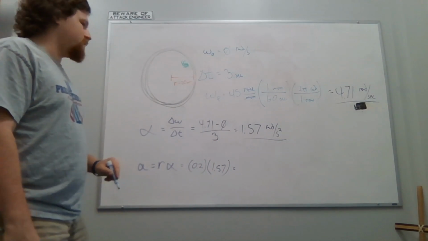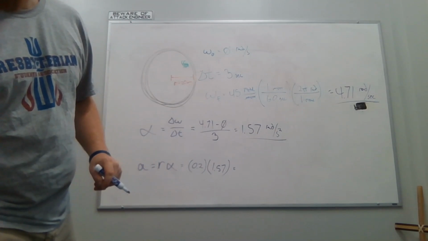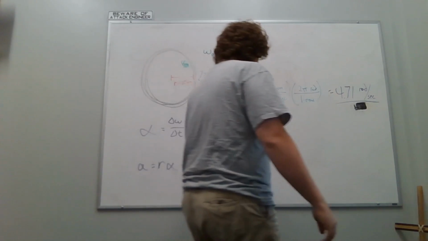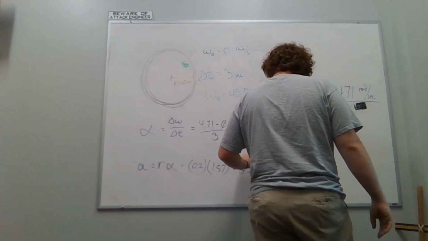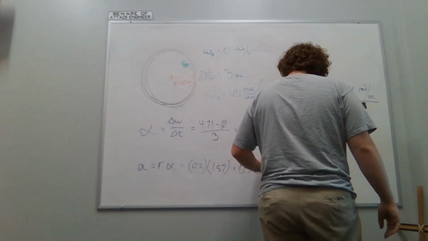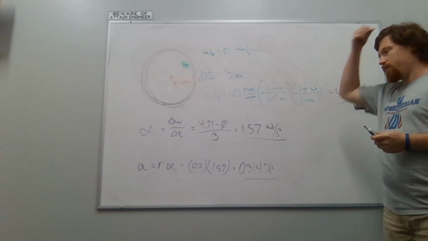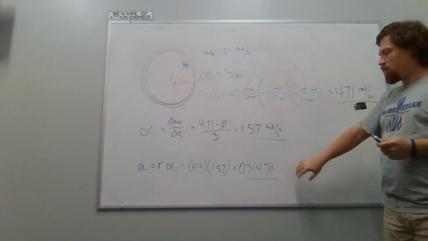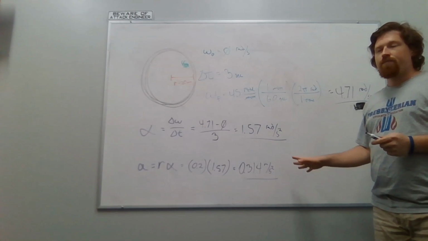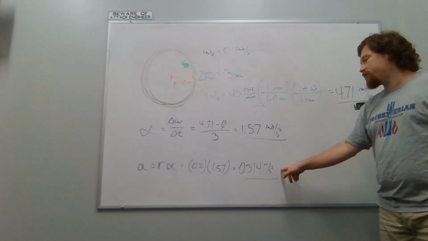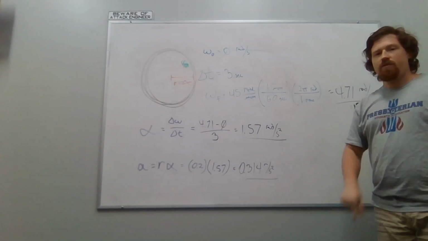Multiply those two things together, and that will tell us the linear acceleration, which is 0.314 meters per second squared. So, as the grasshopper is spinning around, its linear velocity is changing by this amount as it spins around.